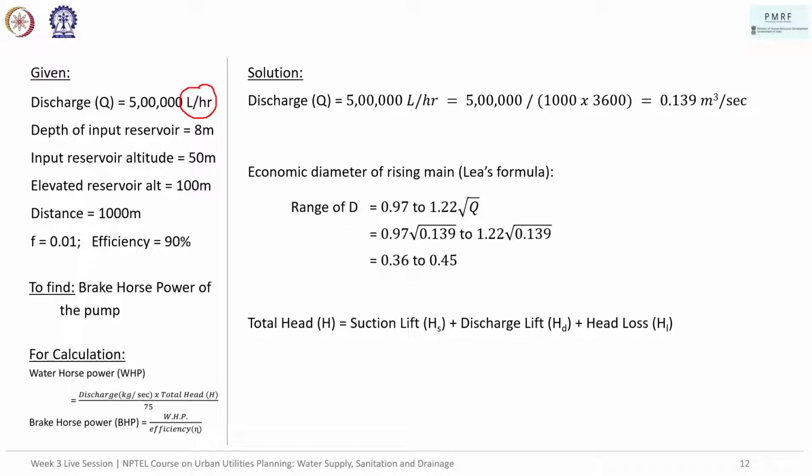Then we calculate the total head. So total head will be suction lift plus discharge lift plus head loss. For the suction lift plus discharge lift, we essentially have to just look at the depth of the input reservoir, which is 8 meters, and the difference between the altitudes of the two reservoirs, 50 meters and 100 meters.